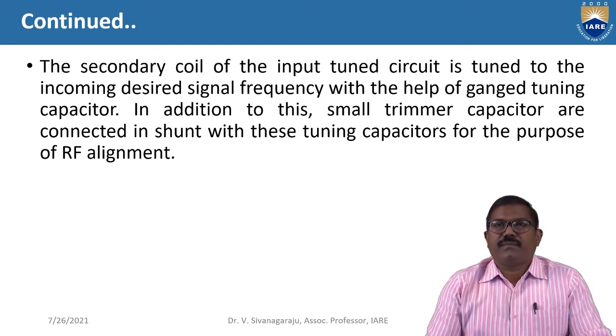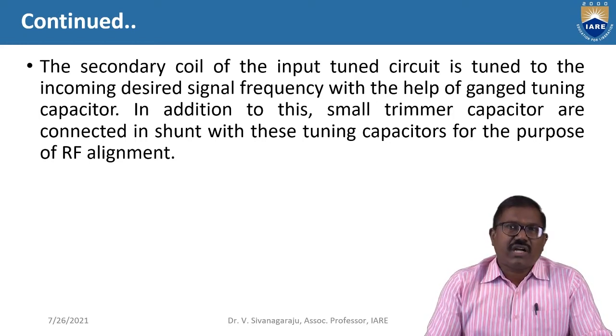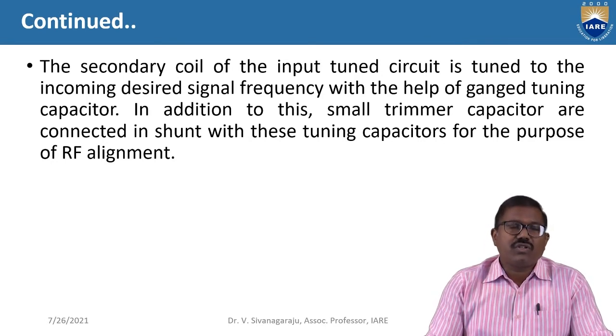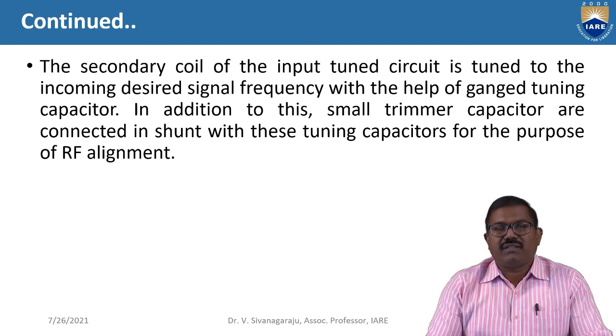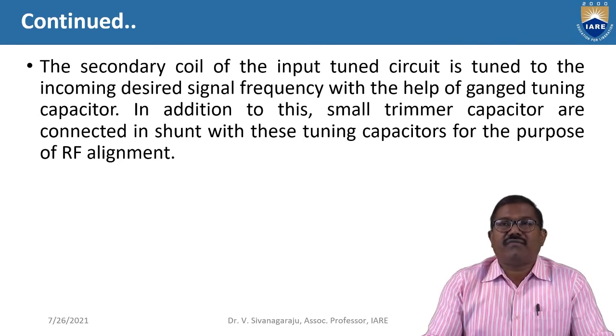In addition to this, small trimmer capacitors are connected in shunt with these tuning capacitors for the purpose of RF alignment. So this is the description of this RF amplifier.